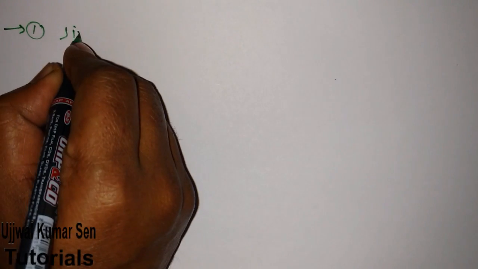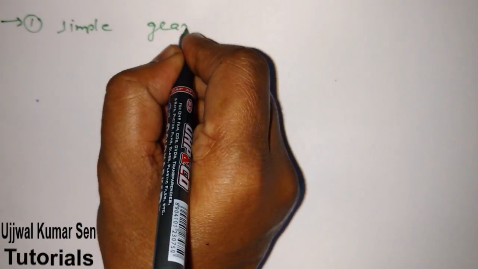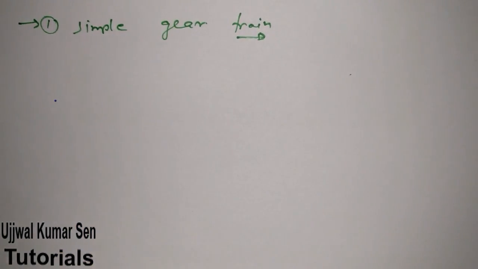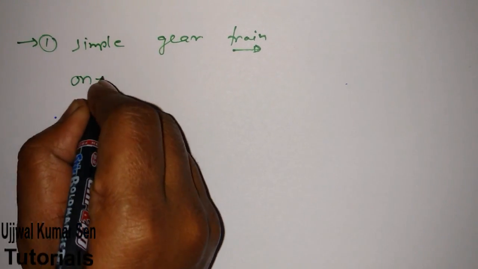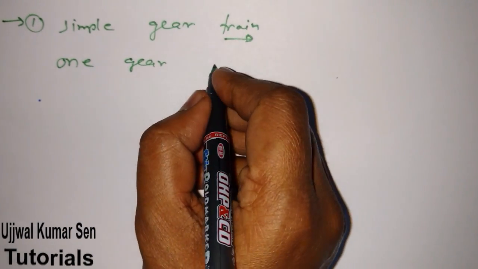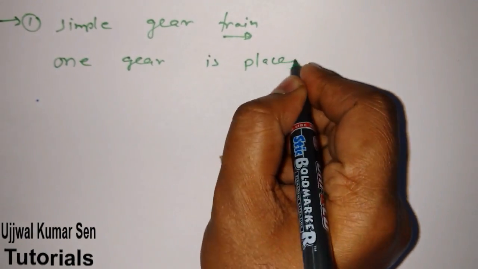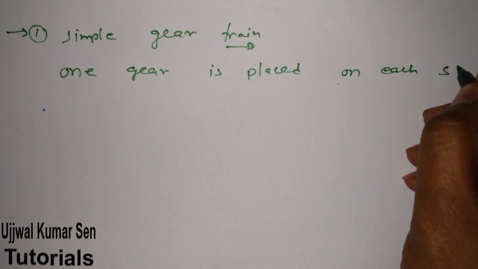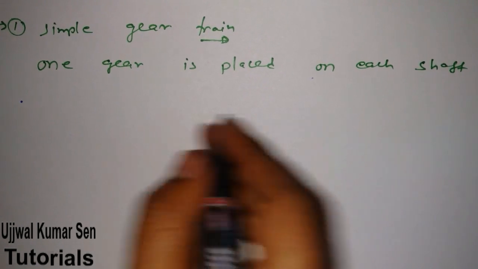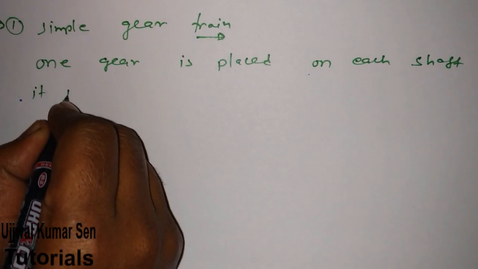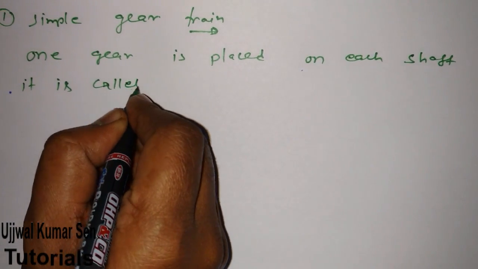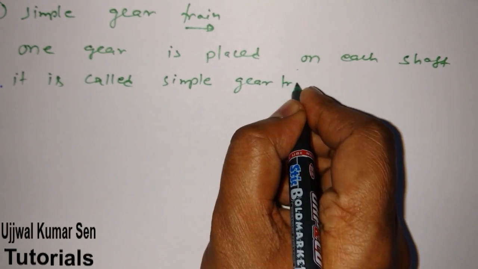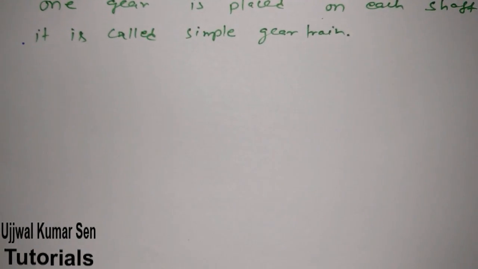So, the definition: one gear is placed on each shaft. It is called a simple gear train. Now we'll see the diagrams.